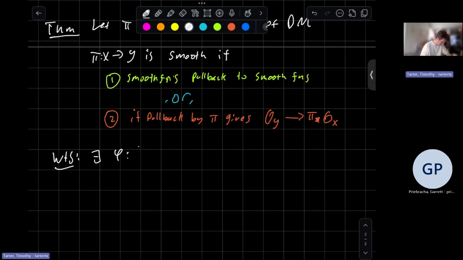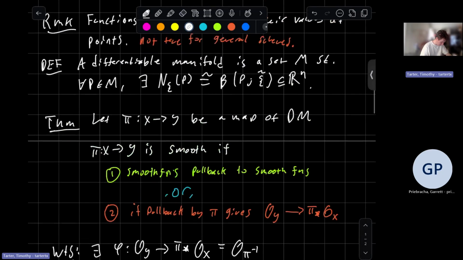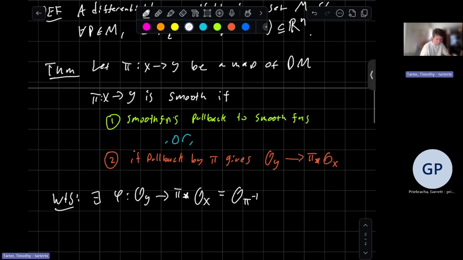No. To the push forward of x, which is equal to the structure sheaf on pi inverse of y.